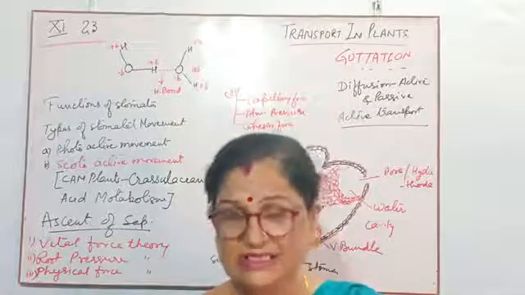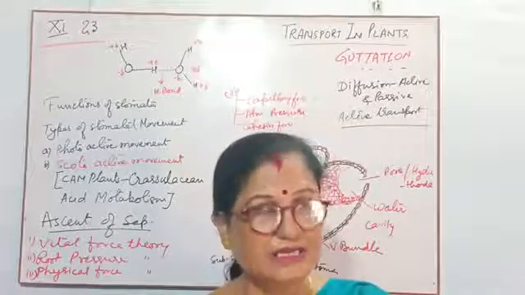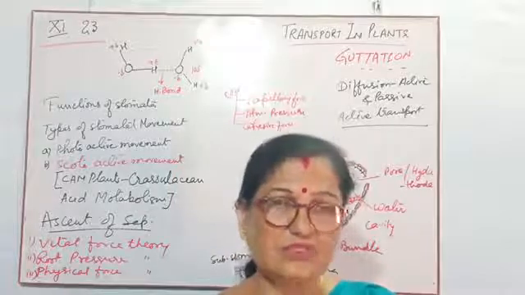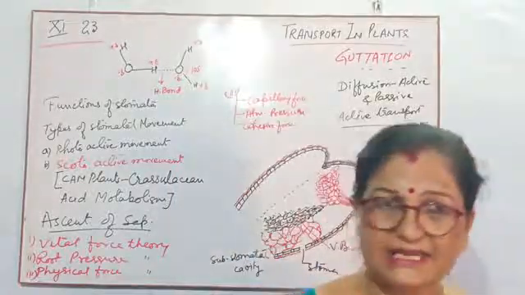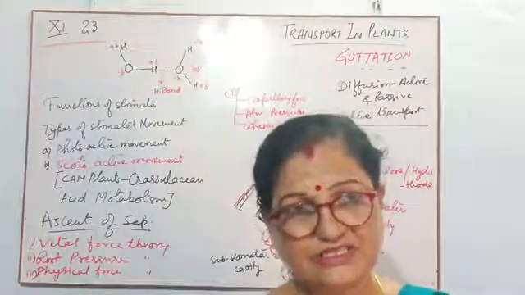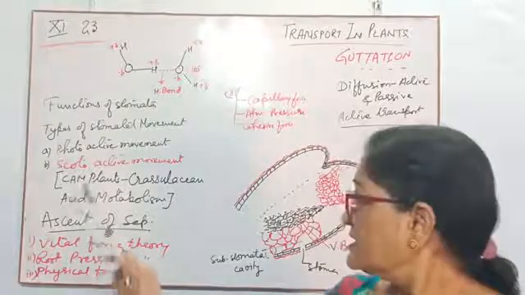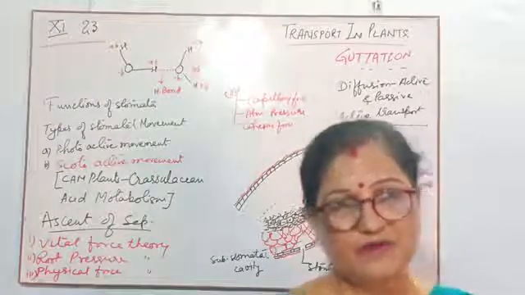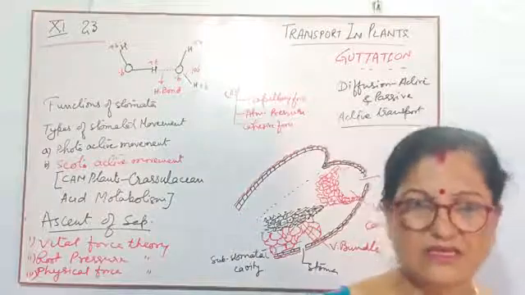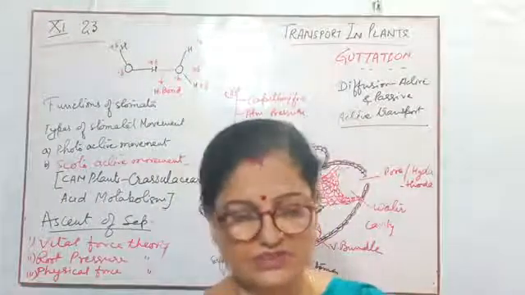But in the daytime they have closed stomata, yet the Rubisco enzyme is active in the daytime, so they can prepare glucose in the daytime, but fixation of CO2 takes place at night. This is the simple main difference between these two stomatal movements found in plants. The rest you will study when we study photosynthesis.